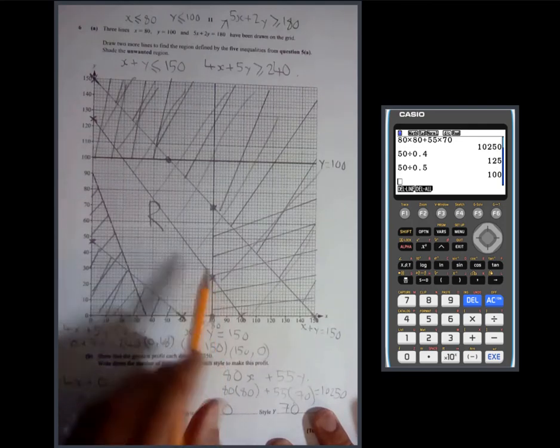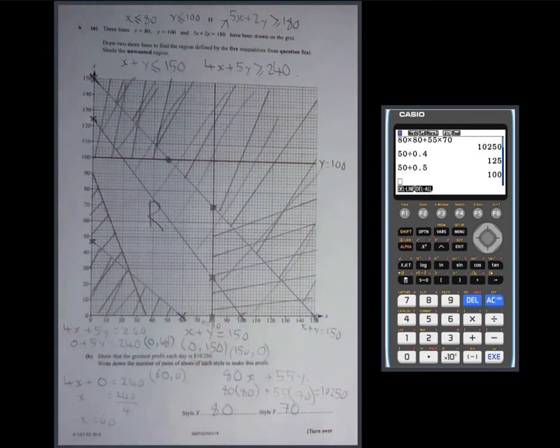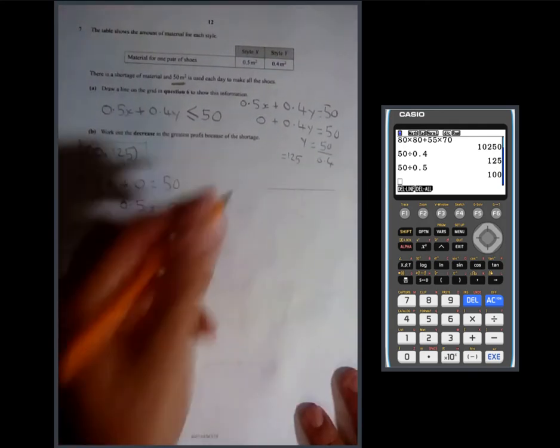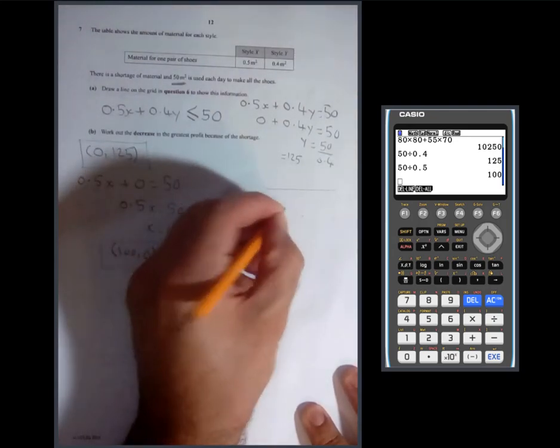I'm going to call that 25, but I'm not sure at all. There's 80, 25. Hopefully you get a little bit of leeway with this, but it really does depend on the mark scheme, and on using your ruler or a nice sharp pencil, zooming in and having a good look. But I'm going to go with 80, 25. So I reckon the maximum happens when x equals 80 and y equals 25.